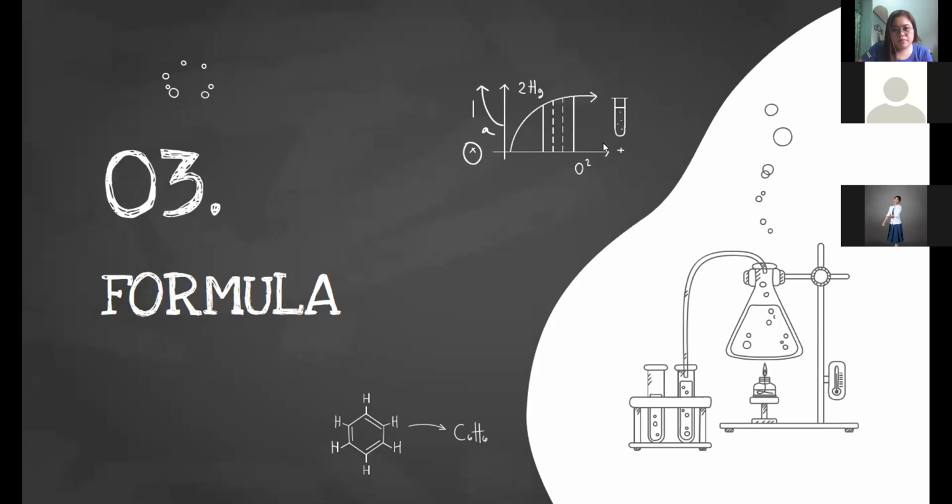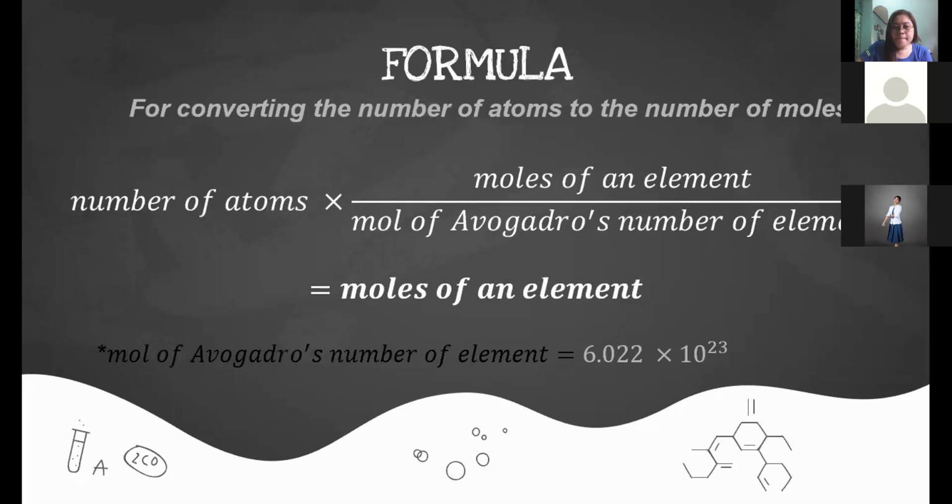Next is the formula of Avogadro's number. So for the formula of this activity, we have number of atoms times moles of an element over Avogadro's number of the element, which is 6.022 times 10 to the power of 23, equals moles of an element.